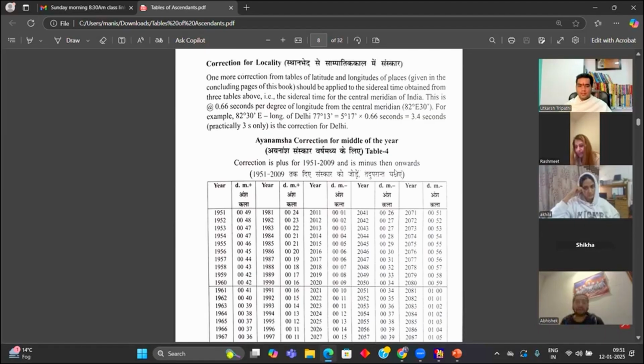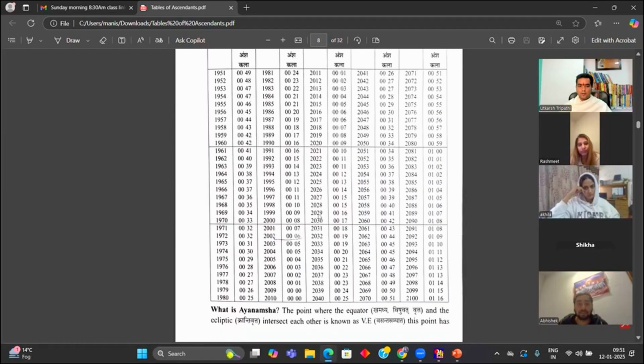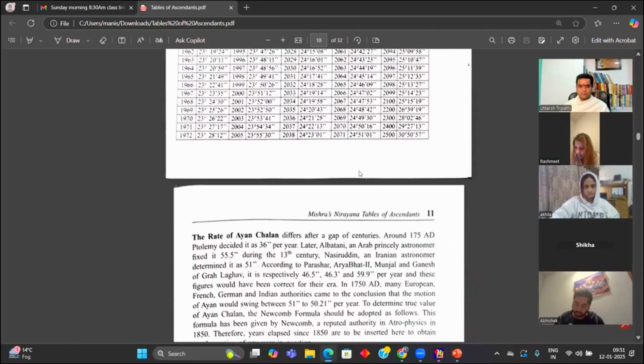We have to do a minus for the correction of 2025. So 13 minutes we have to subtract from the Ayanamsha. Whatever value we get after our calculation, we need to do an Ayanamsha correction for it.